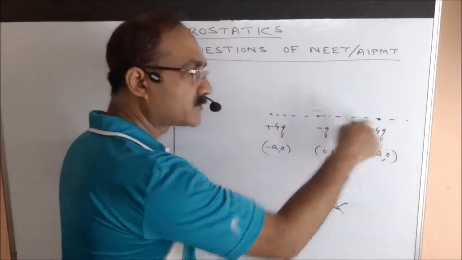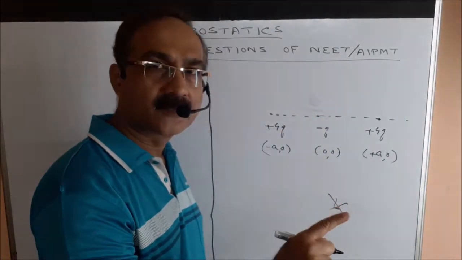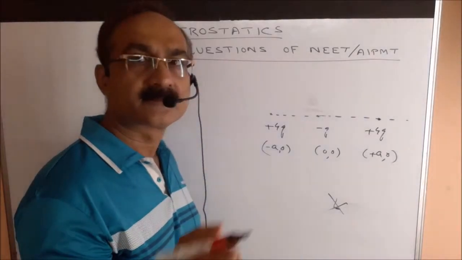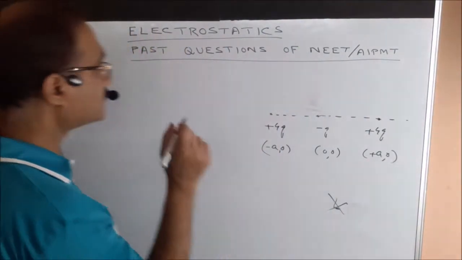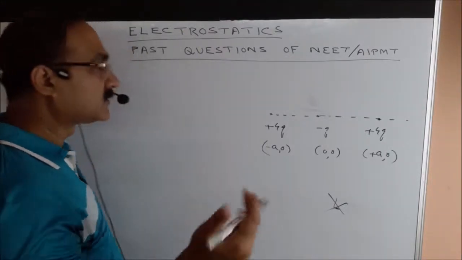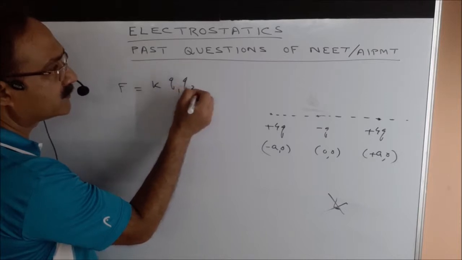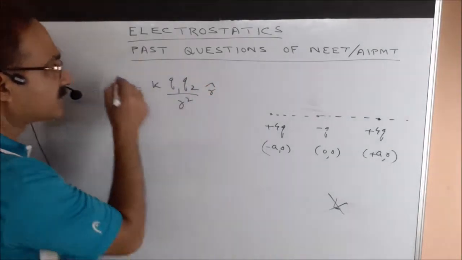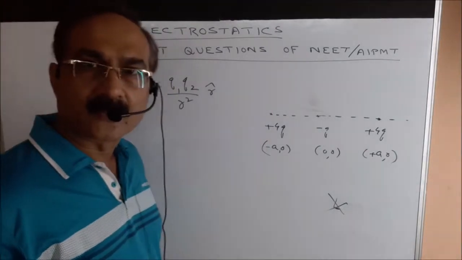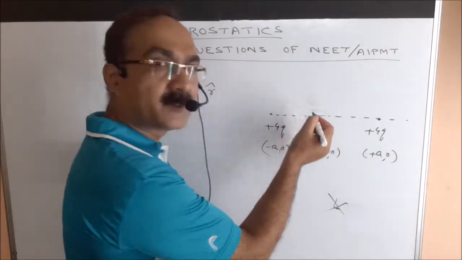Say these are point charges, they are in equilibrium, that means net force is 0. So which formula to be used? Coulomb's law, which is valid for point charges. What is Coulomb's law? The force is equal to K Q1 Q2 by r square r cap. This is the vector form. Now let's consider the middle charge. This is in equilibrium.